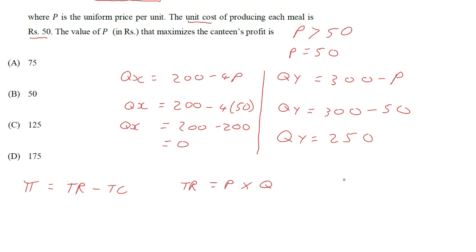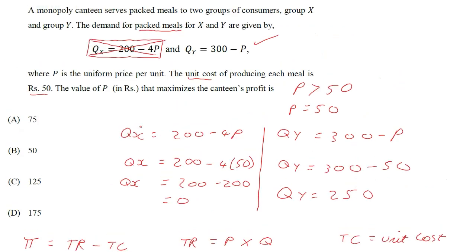Normally total cost would be fixed cost plus variable cost, but we've been given unit cost only, so I will just write unit cost. So total revenue is equal to price into quantity. And do I have the price? I do not have the price, but we have quantity.